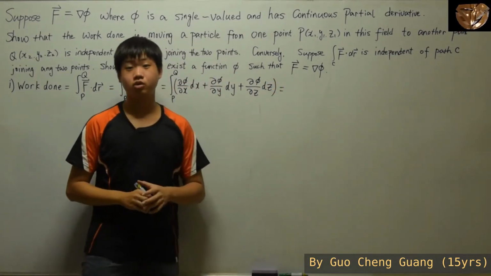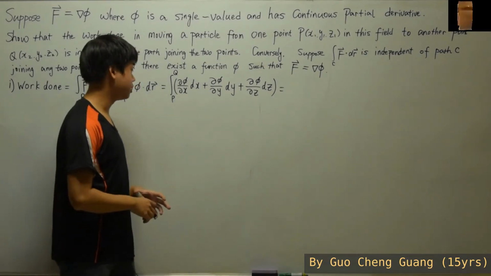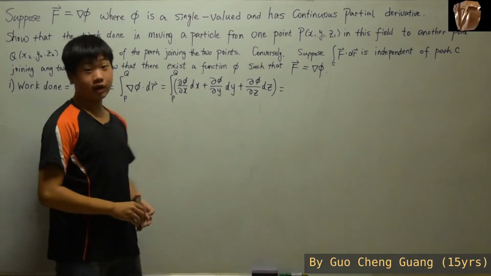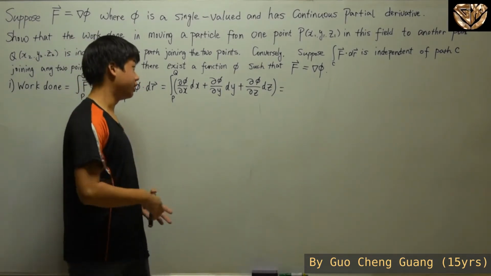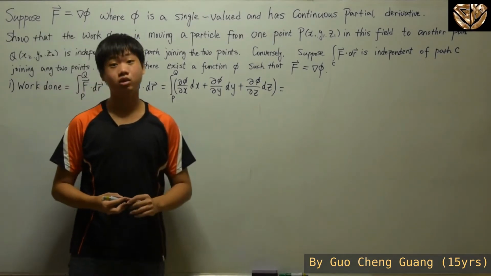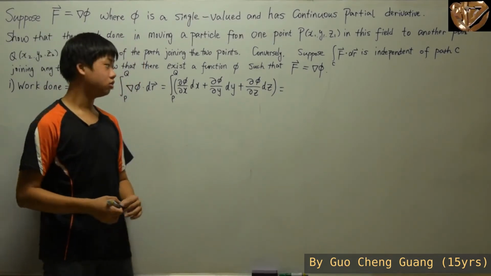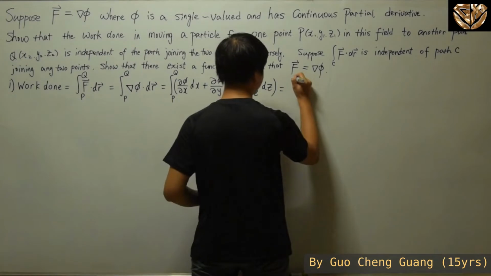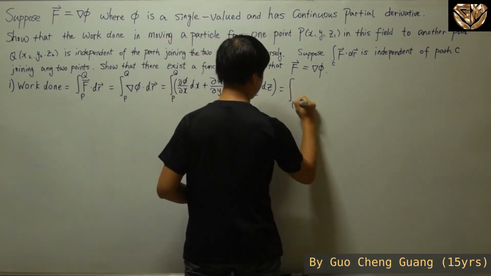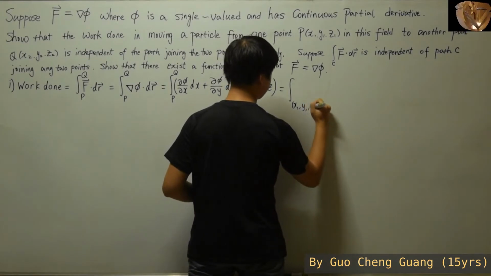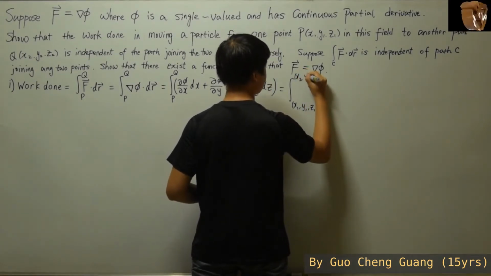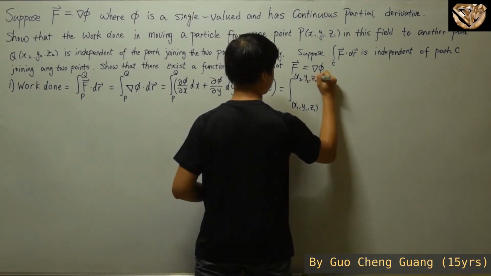So, are we able to recognize what kind of form this is? If you have been revising all these differentiation topics, then you would probably realize that this is in the form of a total differentiation. So how exactly would that work? Let's say we put in these limits as x1, y1, z1 to x2, y2, z2.